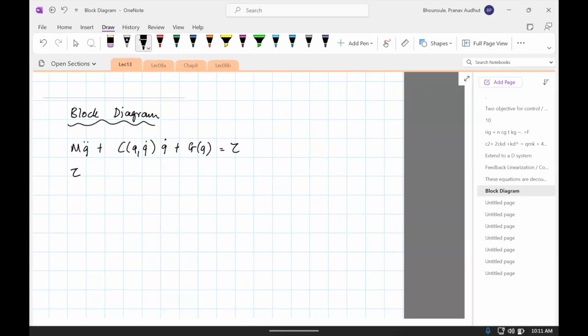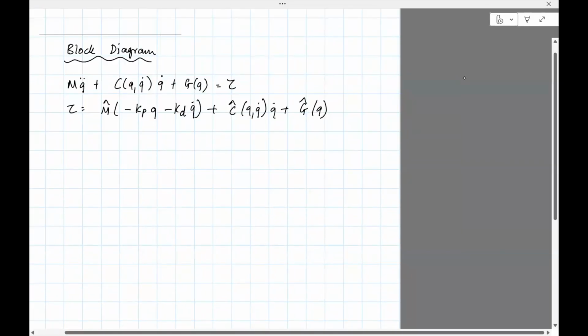And then this is our controller. Tau equals m hat, minus kp q minus kd q dot, plus c hat q q dot plus g hat q, where the hats mean that we are estimating the value of those m, c, and g.